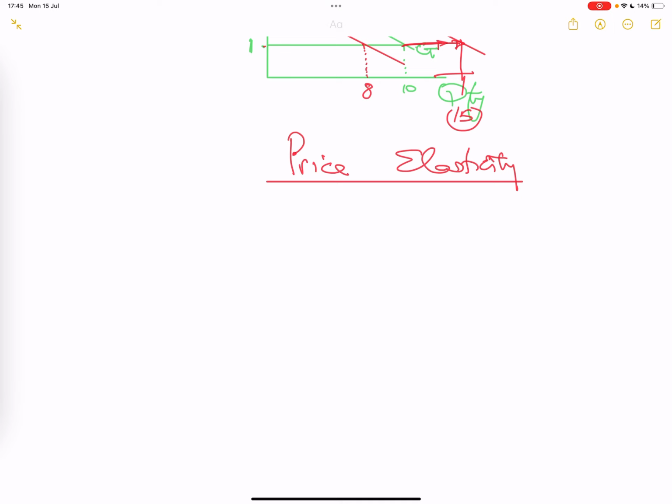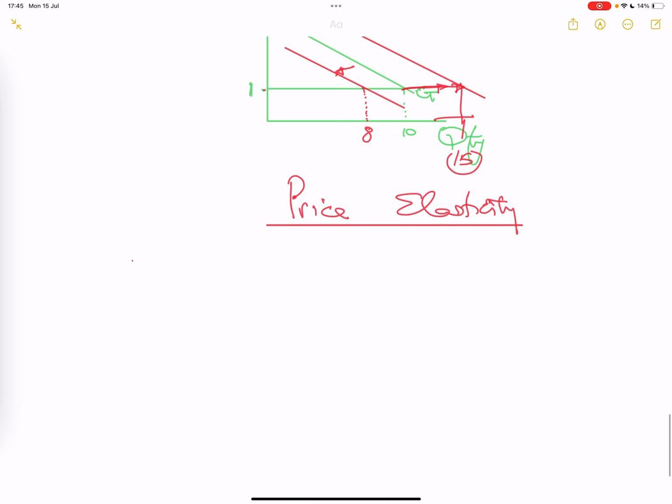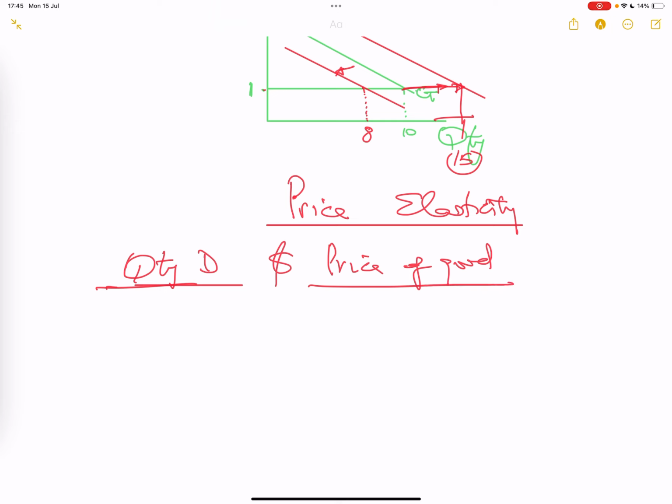So price elasticity is just talking about how does this quantity demanded change when price of good is changing? You're comparing change in price and change in quantity demand. That is what elasticity is trying to explain.